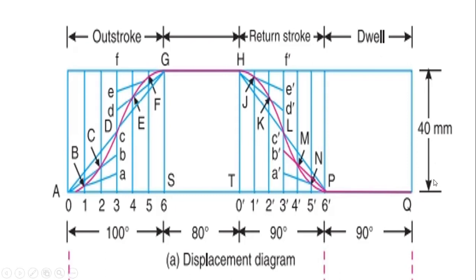The stroke of the follower is 40 mm, and we have to dimension the angle sections also, that is 100 degrees for the outstroke, 80 degrees for the next dwell period, 90 degrees for the return stroke and 90 degrees for the dwell period. So these are the displacement diagram points.